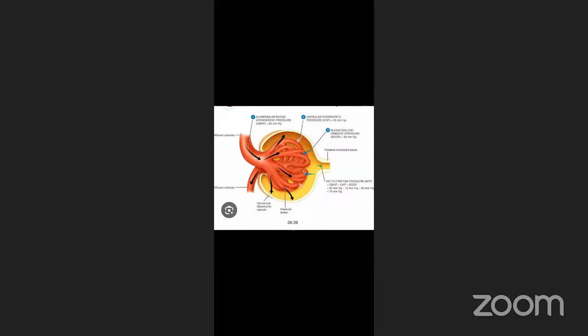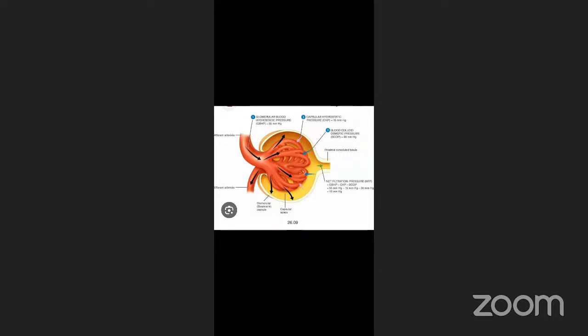So when you look at this particular diagram, the vessel through which the arrow is pointing inwardly is the afferent arteriole. And the vessel through which the arrow is pointing outwards is the efferent arteriole.